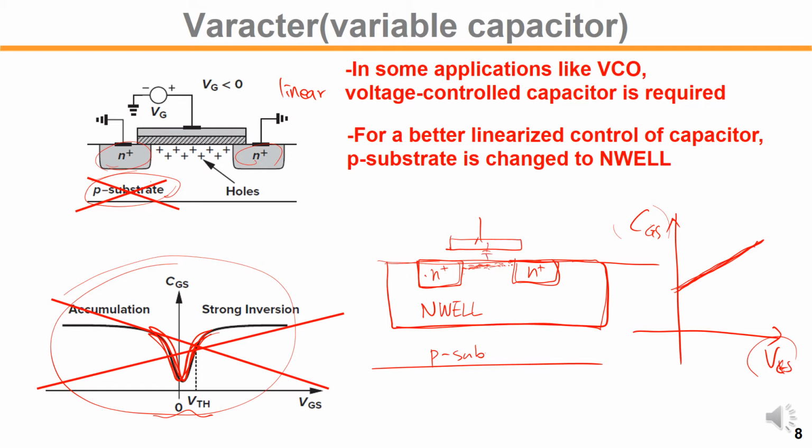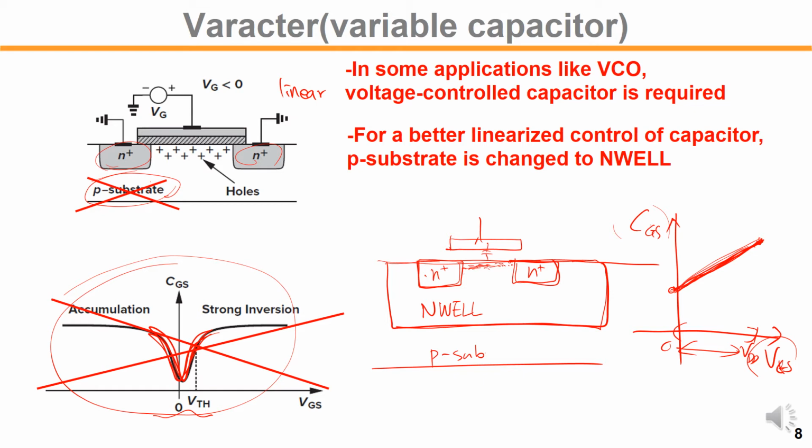So there is no channel inversion happening. From the beginning, from 0 voltage to a certain voltage in your system, you have 0 and VDD for your circuit. Within that region, your capacitance will move linearly.